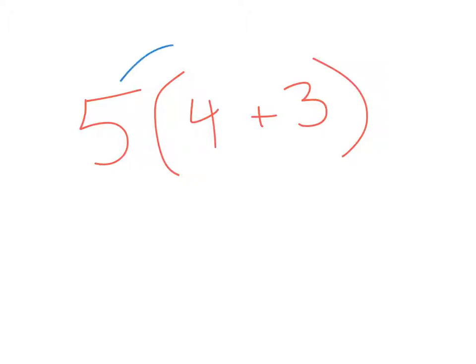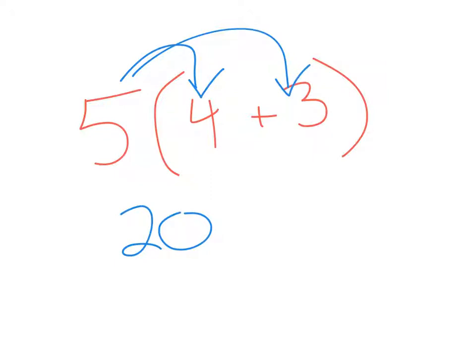Showing you guys that: if I took 5 and multiplied it by just 4, we know 5 times 4 is 20. And then 5 multiplied by 3. Whenever you see an operation symbol inside parentheses like this, look at it as that positive integer. So the plus 3 indicates that we're looking at 5 times positive 3. If it was minus, you can look at it as negative 3 and apply it that way.